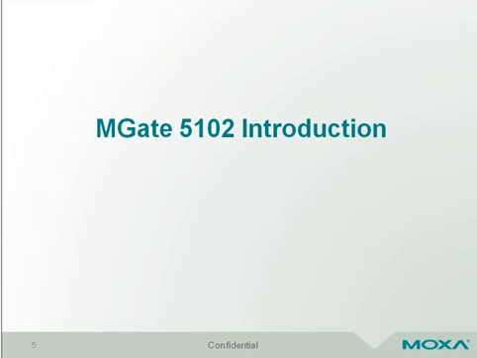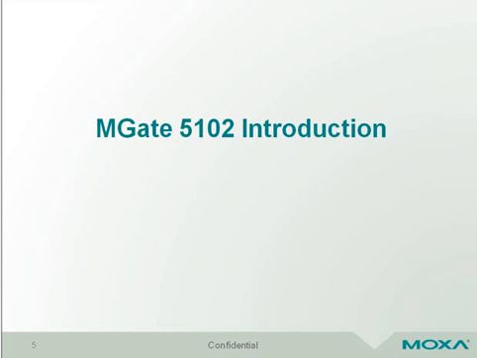MGate 5102 introduction. Since MGate 5102 is a gateway translating between PROFINET and PROFIBUS protocols, the trainee should learn the PROFIBUS and PROFINET essential courses about the protocols. We assume the trainee already knows them before studying the slides. Besides, the basic idea of how to use MGate Manager for troubleshooting PROFINET and PROFIBUS networks was already introduced in other courses.